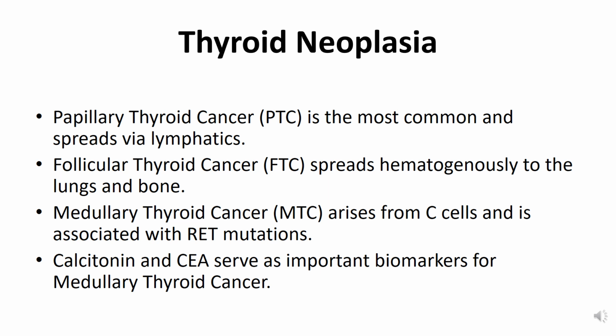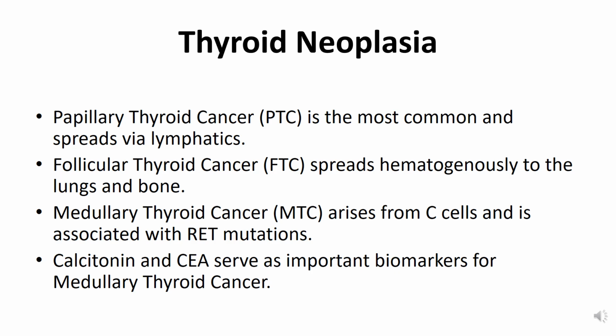Another major type is follicular thyroid cancer, or FTC. Like papillary carcinoma, follicular thyroid cancer also arises from follicular thyroid cells. However, its pattern of spread is very different. Instead of spreading mainly through lymphatics, follicular carcinoma tends to spread hematogenously through the bloodstream.